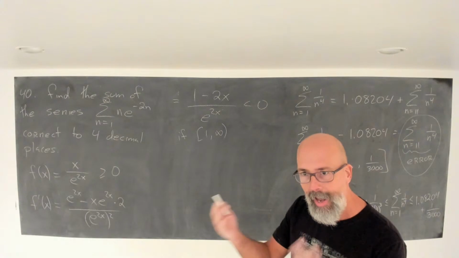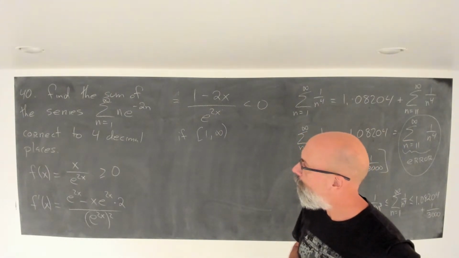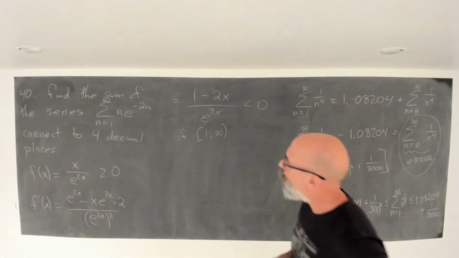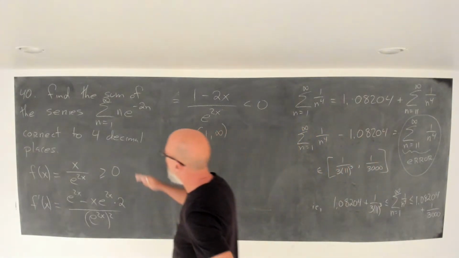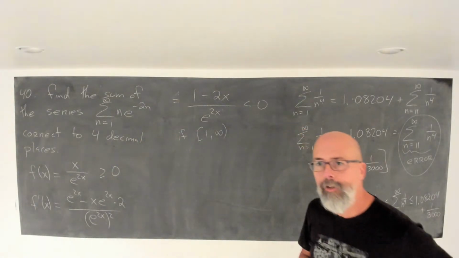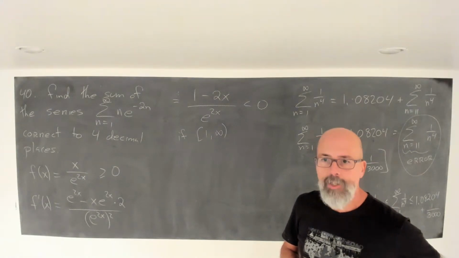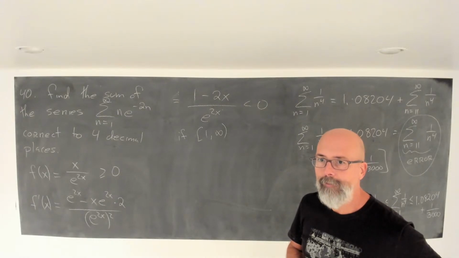We're going to add some terms and get an approximation. What we want to make sure is that the first 4 decimal places are correct. Exactly that. Ian, thank you.